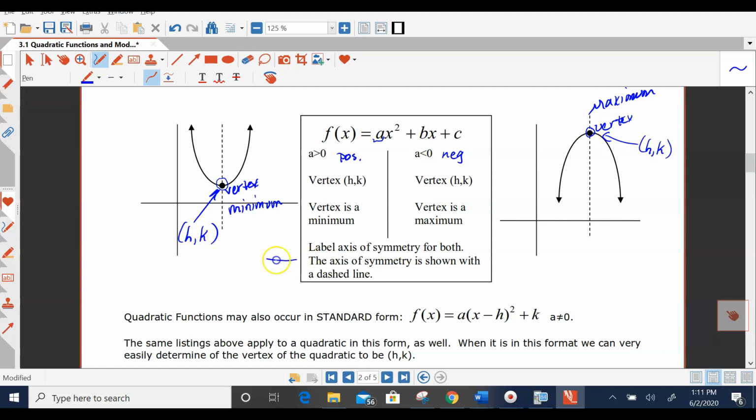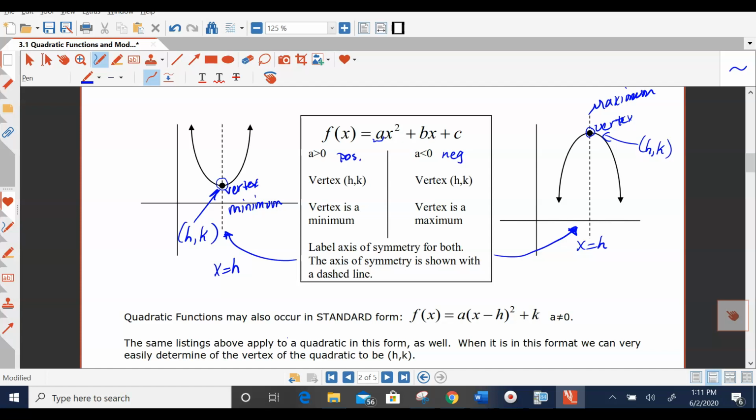So this is our axis of symmetry. That dotted line is our axis of symmetry, and it always occurs at x equals h, the first coordinate in your vertex. That's the line that if you fold your parabola around it, it will cross over itself. It will match the mirror image of it.